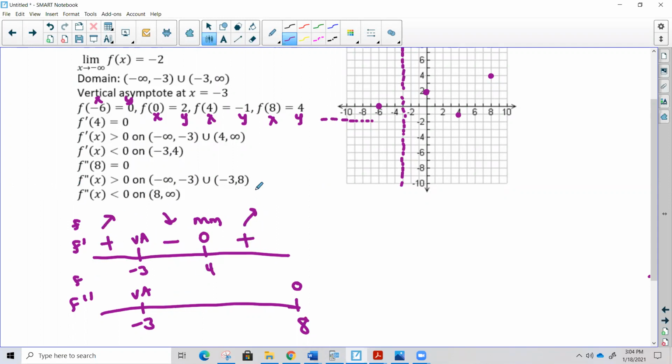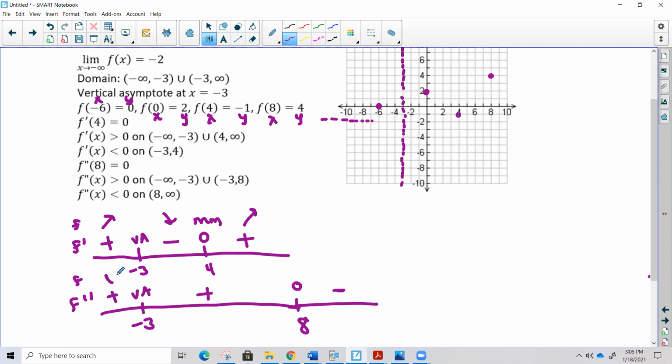I'm going to use the second derivative information for that sign chart. So from negative infinity to -3, my second derivative is greater than 0, which means it's positive. From -3 to 8, it is also positive. And then from 8 to infinity, it's negative. So this second derivative tells me concavity.